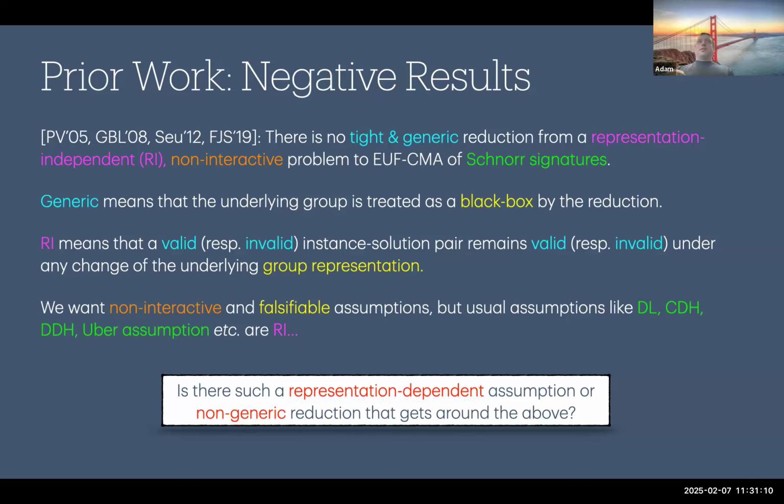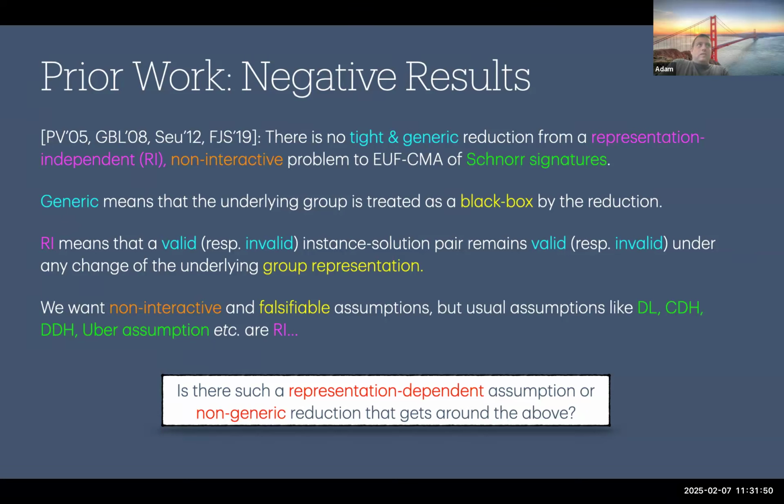The formal definition: a problem is representation independent if a solution under one representation of the group is still a solution under the new representation after I switch. If any solution maps to a non-solution, then it's not representation independent.